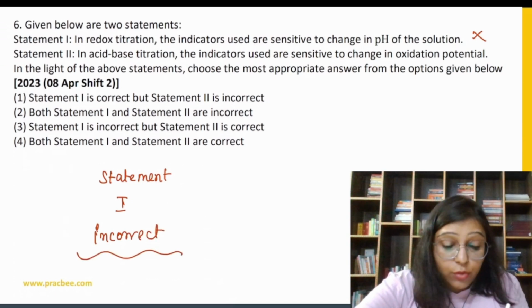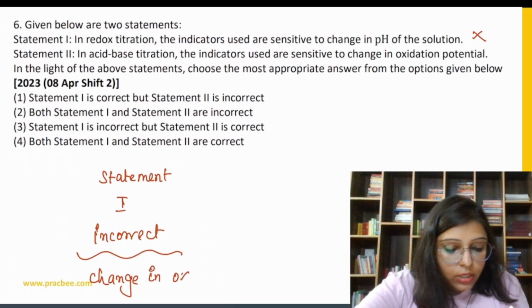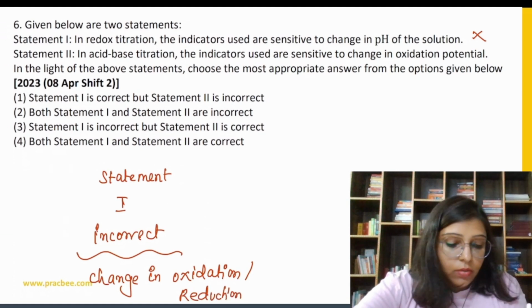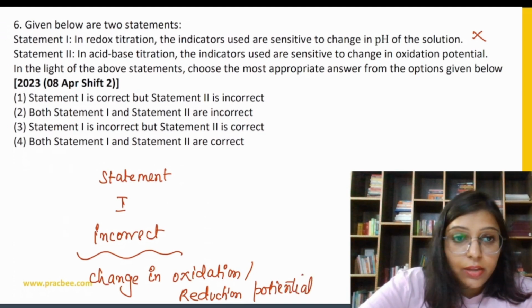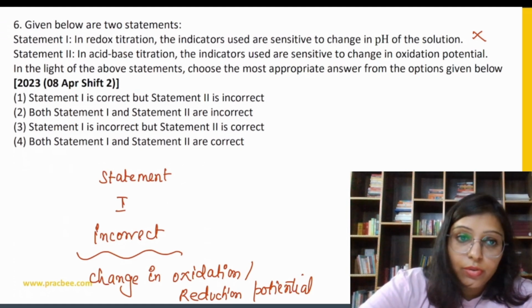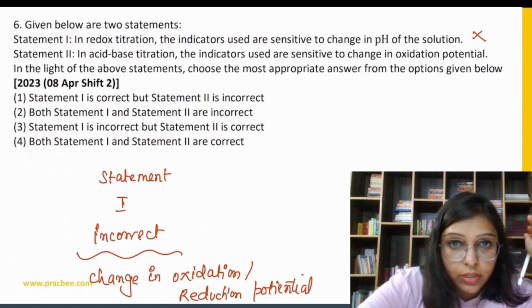It is sensitive to change in oxidation potential, or we can say reduction potential. Because it's a redox, one element is getting oxidized and another is getting reduced, right? So it is based on oxidation potential and reduction potential.